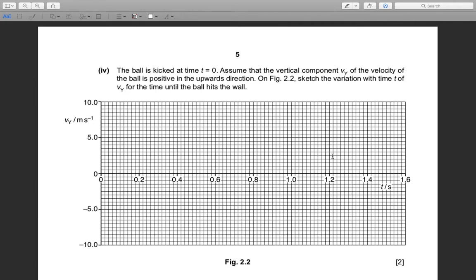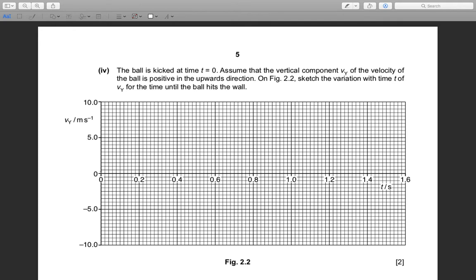The ball is kicked at time t0. Assume that the vertical component Vy of the velocity of the ball is positive in the upward direction. On figure 2.2, sketch the variation with time t of Vy from the time until the ball hits the wall. We start the straight line from Vy at t0.